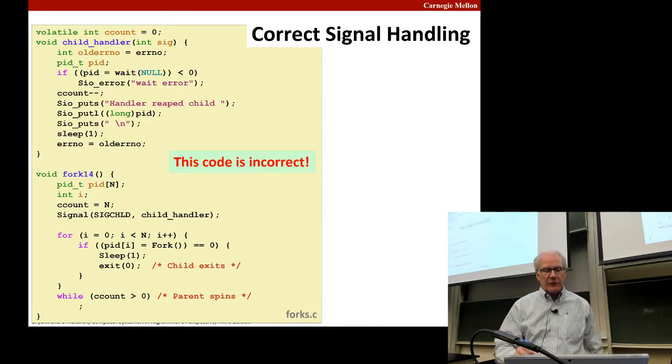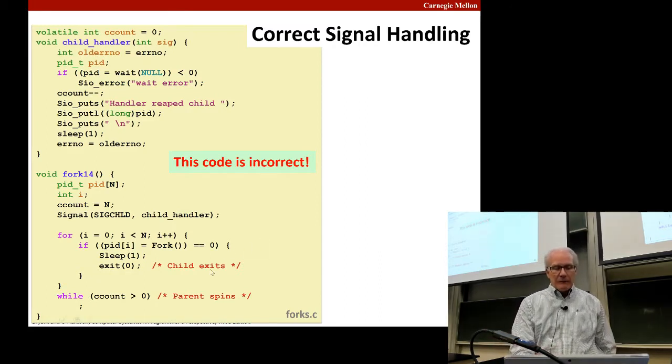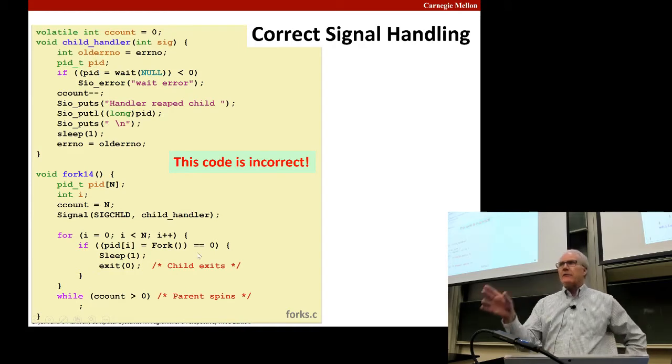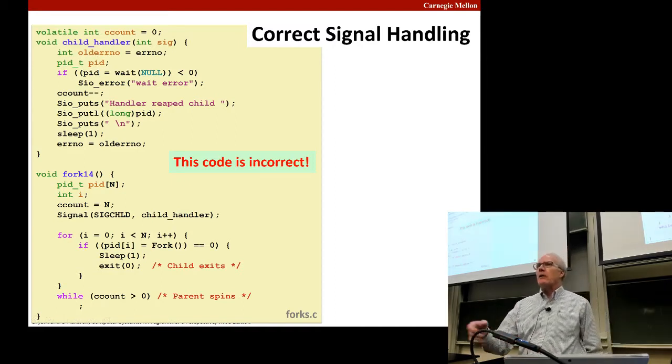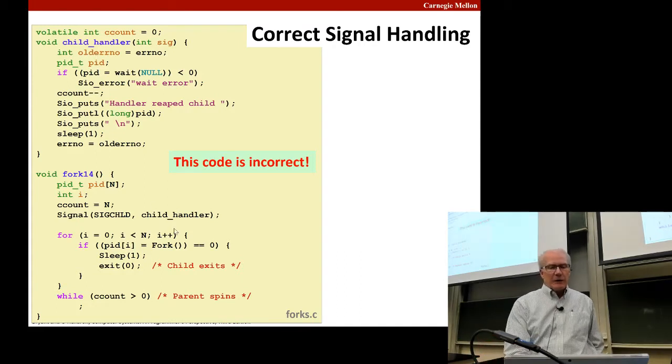Not much goes on, but this is a way to potentially create zombies. I'm going to use a signal handler. As these children exit, they will send SIGCHLD signals to their parent, and the parent will receive those and know that it can make sure this child gets reaped by calling wait.